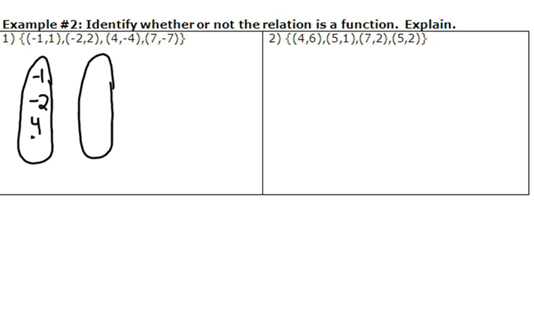So remember, the first oval is your input, or all of your x values. You could even put an x at the top. Now my output, or my y values, go in the second oval. So I have 1, 2, -4, and -7. So I draw my arrows.